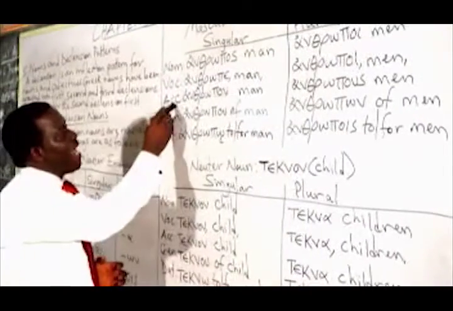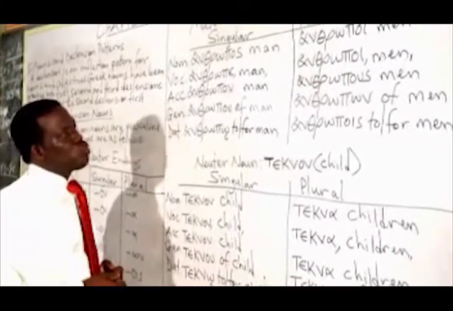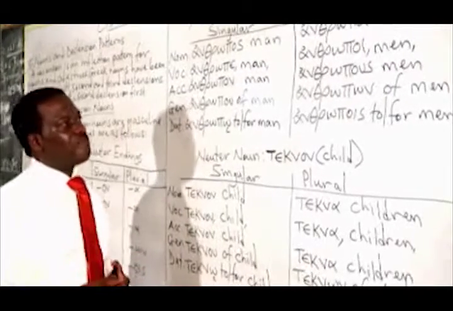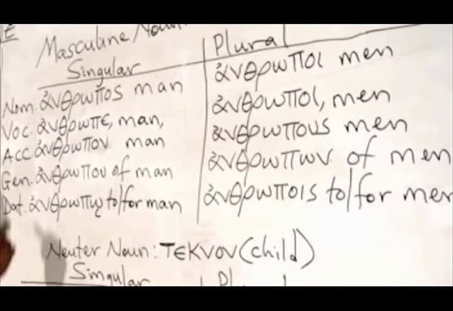Then we come to accusative singular, anthropon, man, which is direct object. Then the plural is anthropous, men, in the direct object. Then genitive singular is anthropou. It means of man. Because genitive is used to show possession, that's why anthropou means of man.